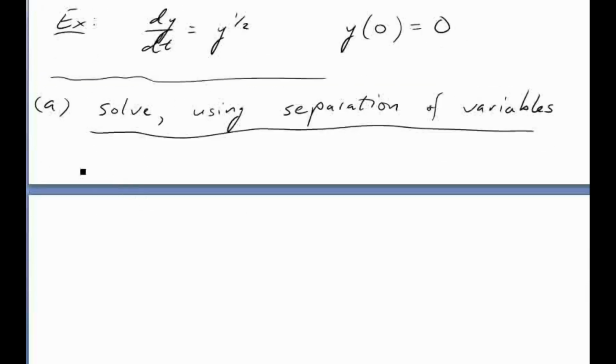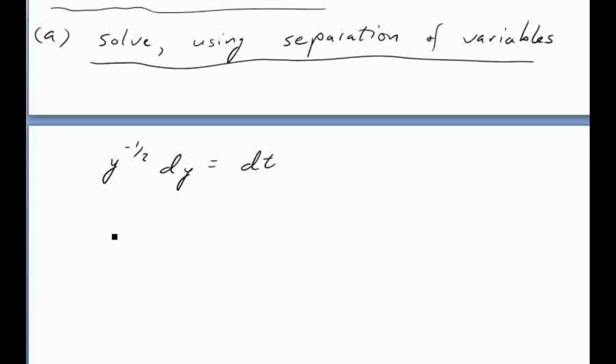All right, well, if I separate the variables, I would get y to the negative 1/2 dy is equal to dt, and this would be accomplished by just doing essentially a little bit of cross multiplying and dividing. Multiply both sides by dt, divide both sides by y to the 1/2, or in other words, multiply by y to the negative 1/2, and then we can integrate.